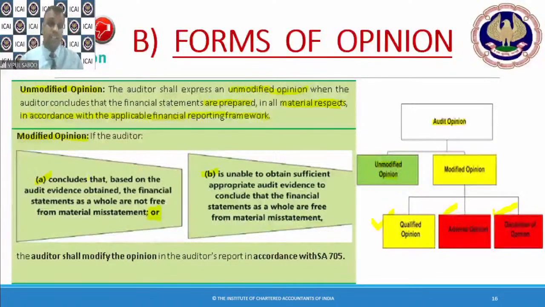If the auditor concludes that, based on the audit evidence obtained, whatever audit evidence he has gathered, the financial statements as a whole are not free from material misstatement.